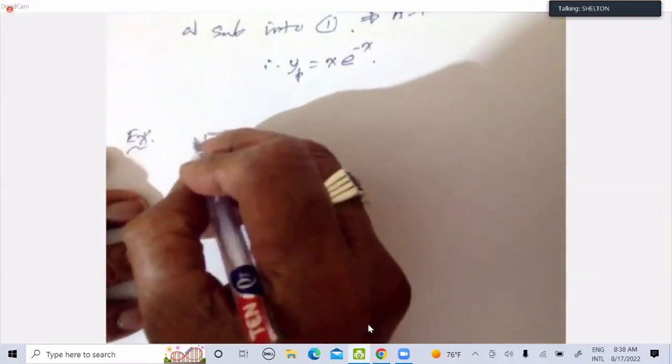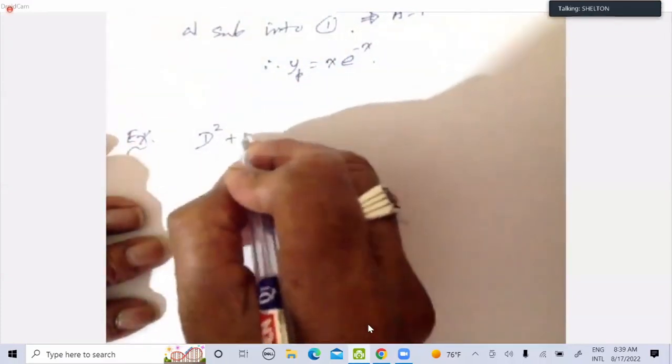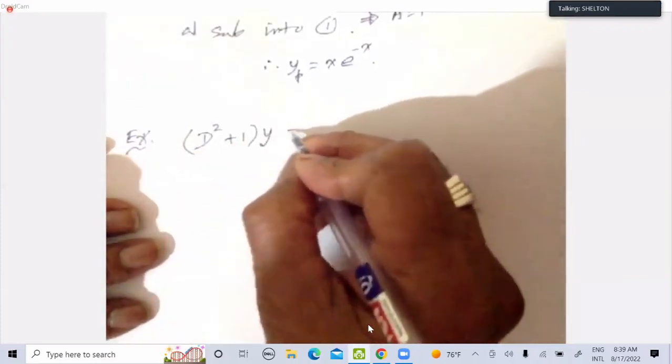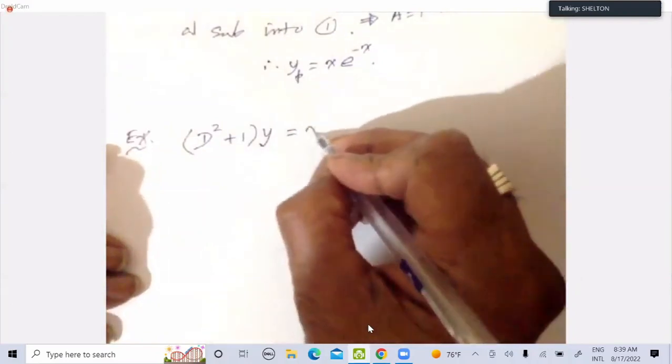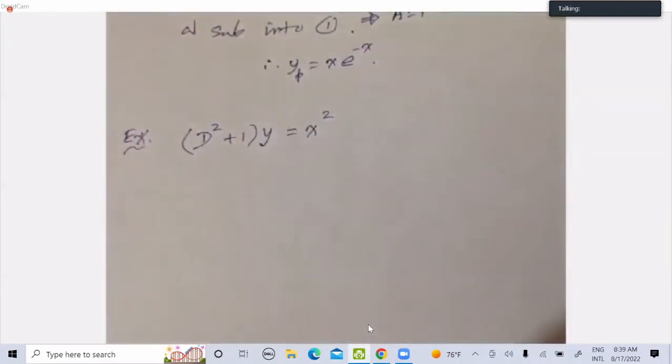Next example. Solve this problem: D squared plus 1 y is equal to x squared. Take this little equation.